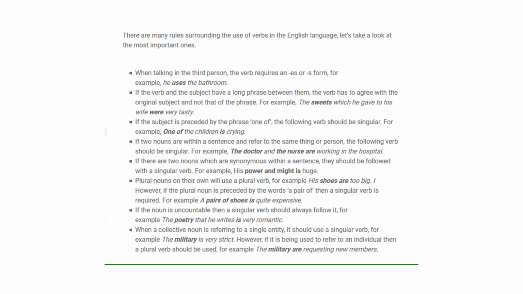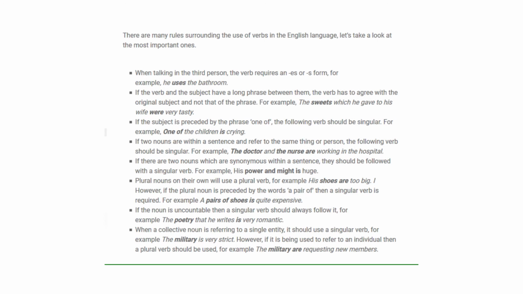If the subject is preceded by the phrase one of, the following verb should be singular. For example, one of the children is crying. If two nouns are within a sentence and refer to the same thing or person, the following verb should be singular. For example, the doctor and the nurse are working in the hospital.